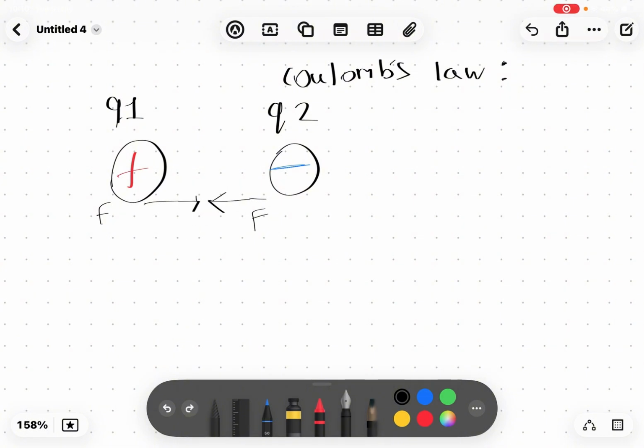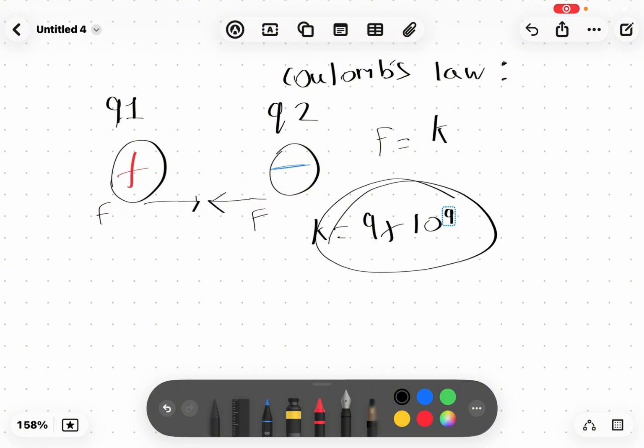And then the formula to find the force F, which is what we mostly need it for, is F equals K, which is a constant to do with electricity. K is equal to 9 times 10 to the power of 9. That's always the same. K is always equal to this.